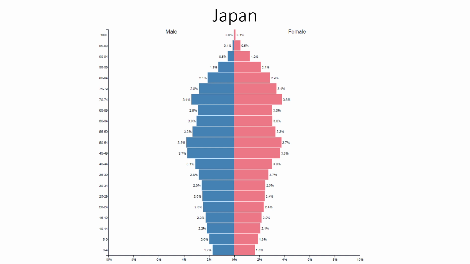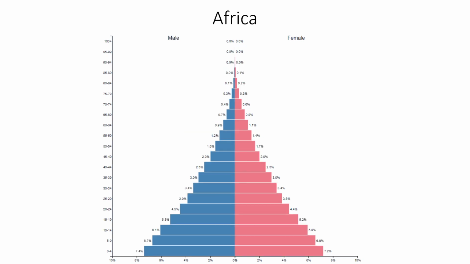Next, in contrast, let's have a look at something totally different: the population pyramid of Africa in common. I realize that Africa is not one country, it's a continent, but the situation in different countries in Africa is really similar to this common situation. We can see that Africa's population pyramid really looks like a pyramid.